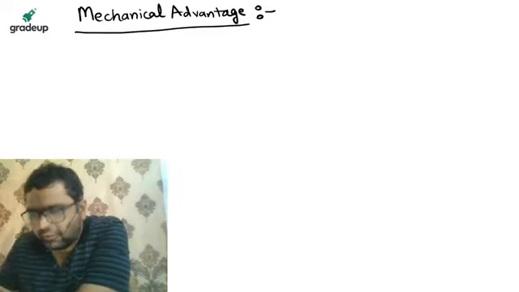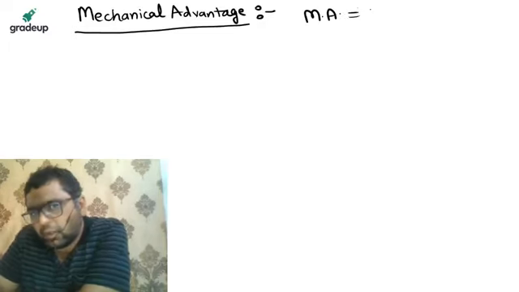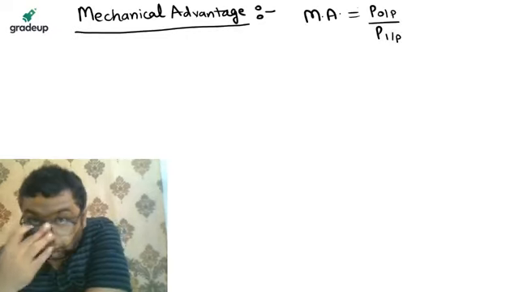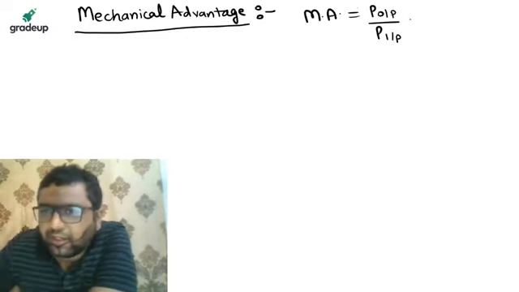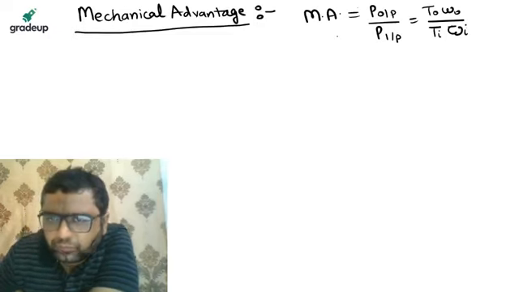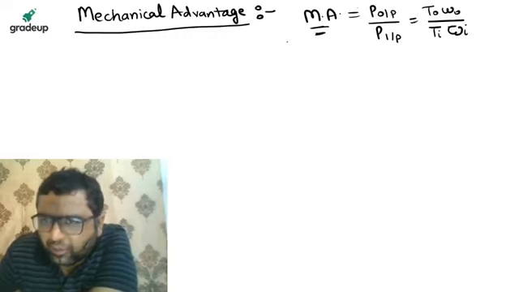What do you mean by advantage, my dear? It is defined as output power to the input power. It can also be written as output torque, output omega, over input torque, input omega, because power is T into omega. So this is something known as mechanical advantage.